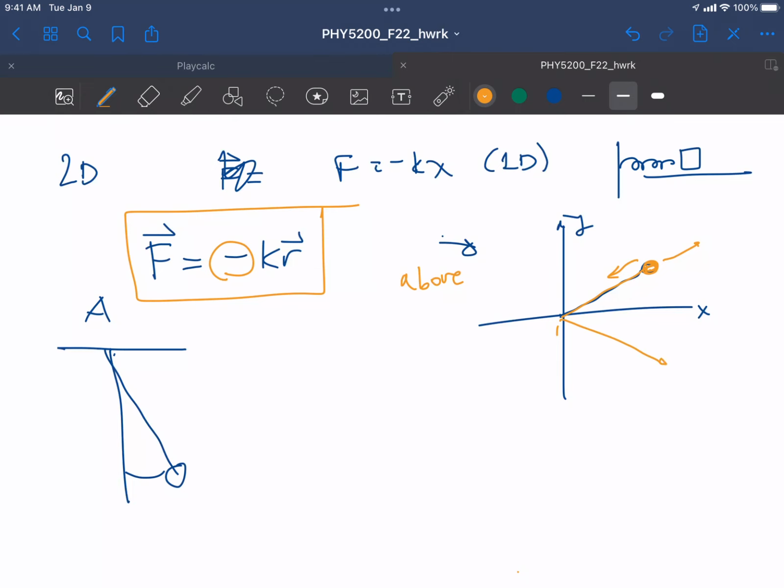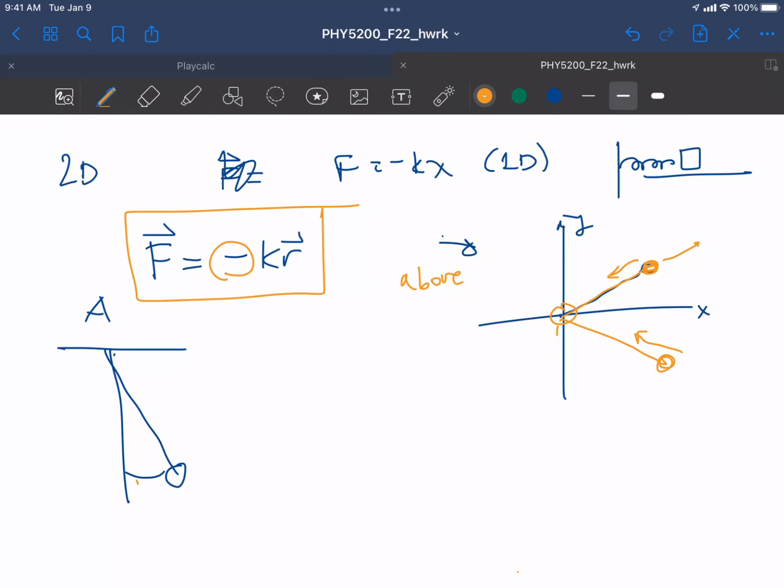And if I displace it in this direction, the force is going to be back towards the origin. This is a vector equation, and the minus sign ensures that if I displace it off in some direction, the force will be pointed back towards the origin. And of course, the equilibrium point is at the origin.